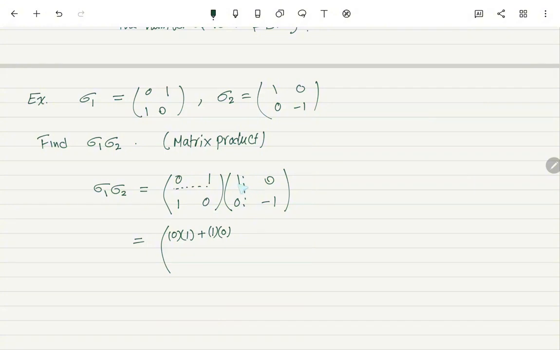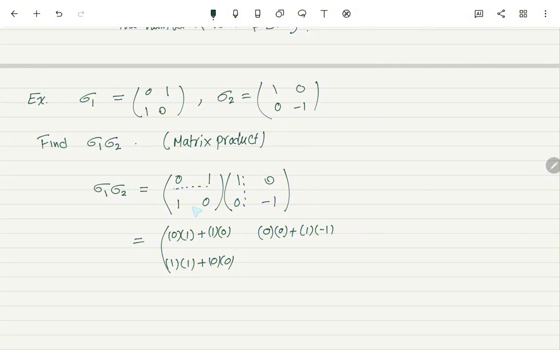Now, the second element is the first row with the second column. In this case, 0 times 0 plus 1 times minus 1. Again, 1 0 with 1 0, so this row with the first column, 1 with 1 plus 0 with 0.